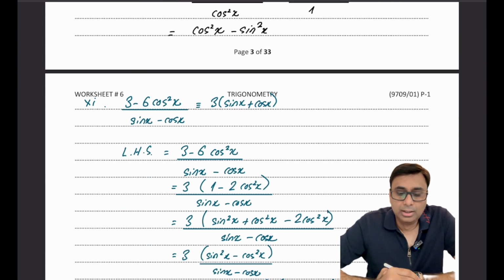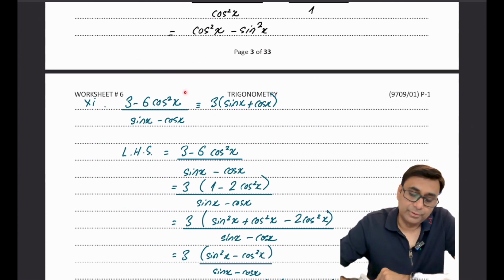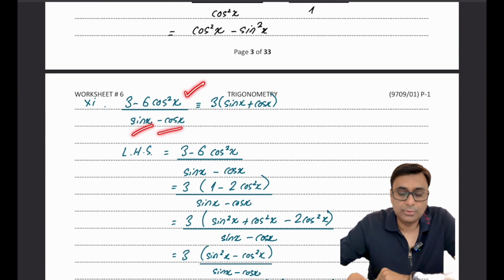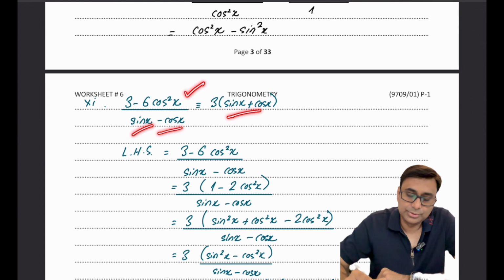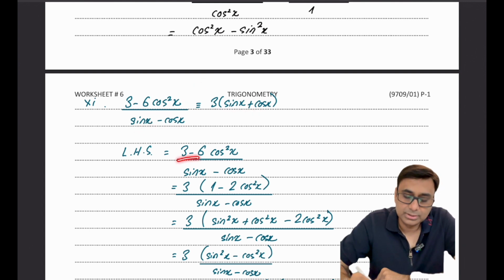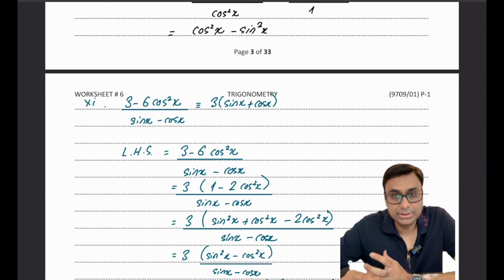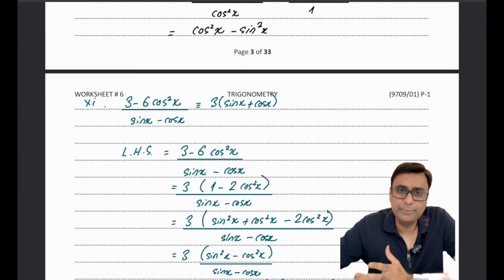Have a look at another example where we have to prove that 3 minus 6 cos square x divided by sine x minus cos x is identical to this. So we started with the left hand side. I've taken 3 common, and this example demonstrates a very important situation.